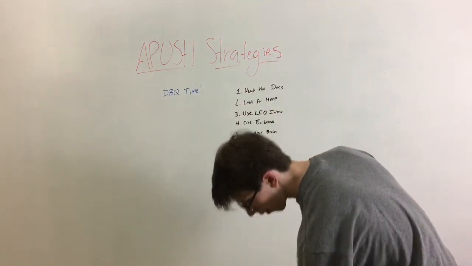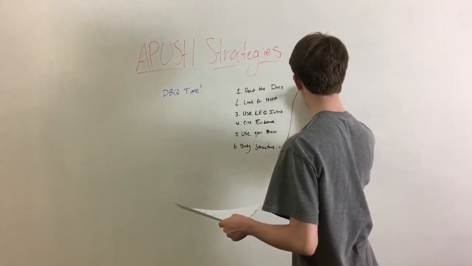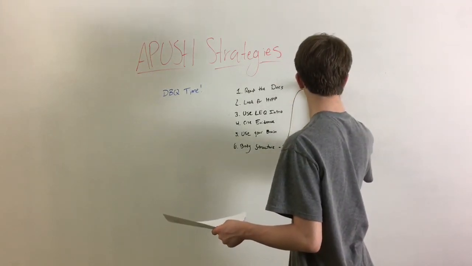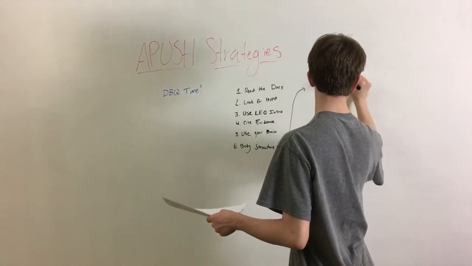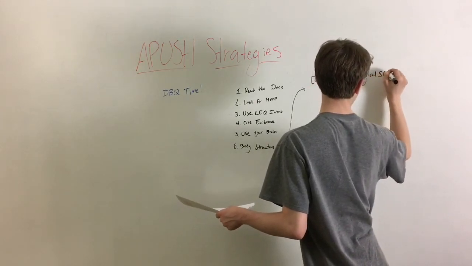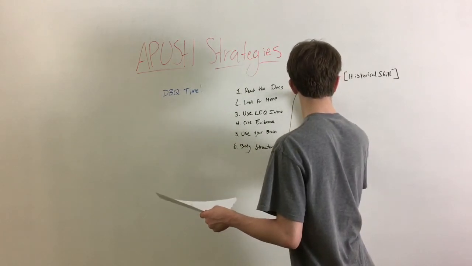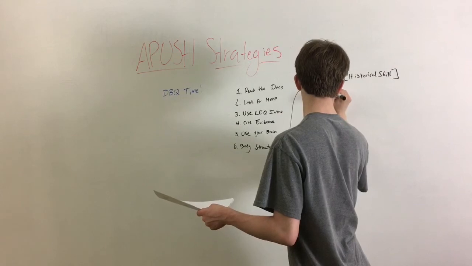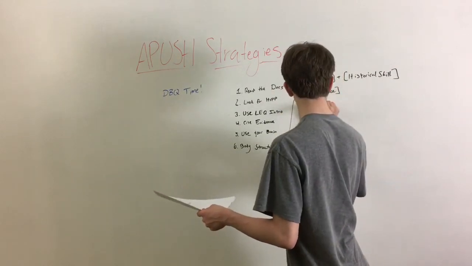Here's the structure that you're going to use for your body paragraphs. It's going to be claim plus your historical skill, and then your evidence, and then relating back to the prompt.